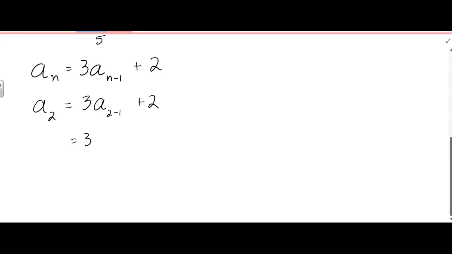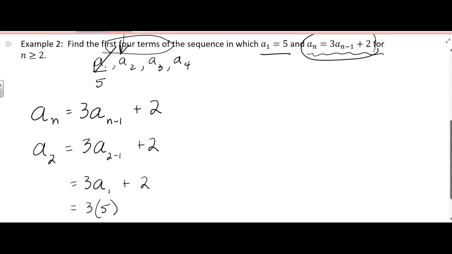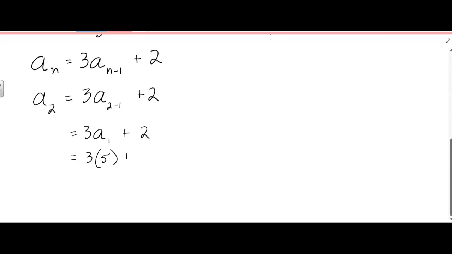So what is 2 minus 1? 1. So I have a sub 1 plus 2. But do I know a sub 1? I do know a sub 1. They told me that. So I replace a sub 1 with 5 because up here it said a sub 1 was 5. Plus 2. Okay, 3 times 5 is 15. 15 plus 2 is 17. Now I know a sub 2 is 17.